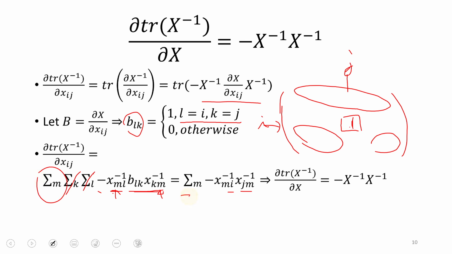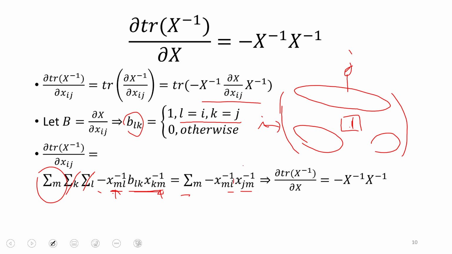If you look at this, it's the summation over m of negative x inverse_mi times x inverse_jm.